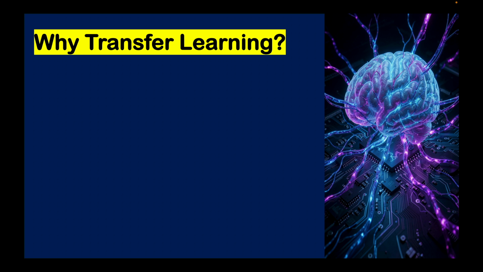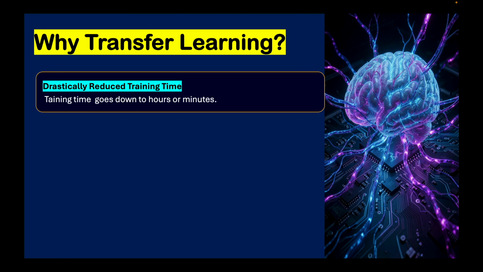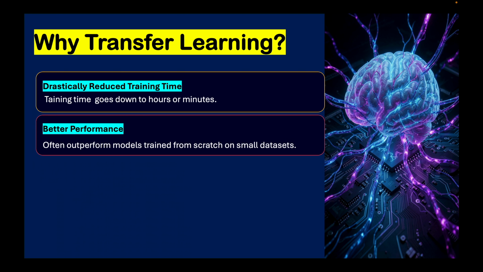Why use transfer learning? Training deep networks from scratch is often expensive as it requires millions of labeled data and high computational cost. Therefore, transfer learning is the best as it offers several advantages. It drastically reduces training time. As the model is already trained, the training time goes down to hours or even minutes. Better performance.